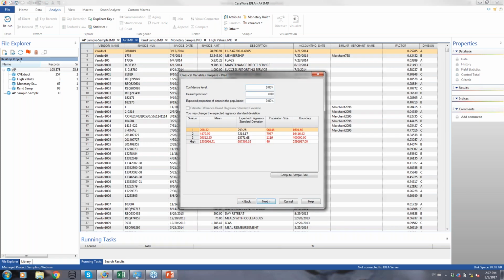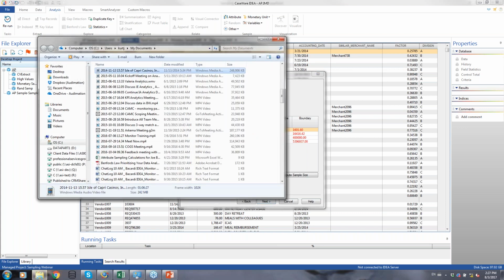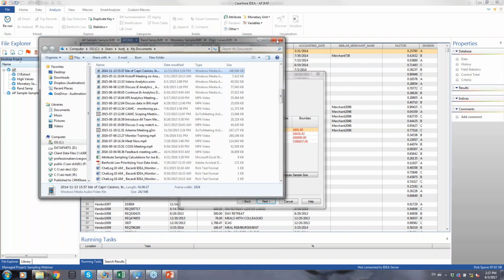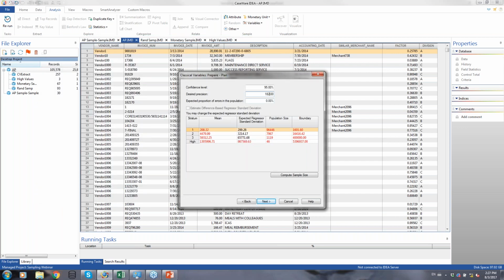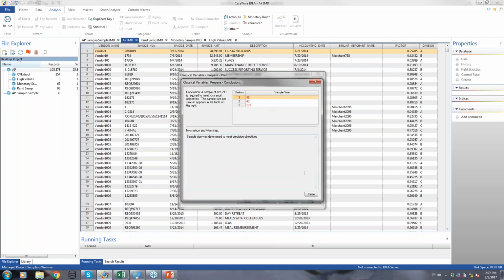We could stratify the sample, again with 95% confidence, and we're going to put in $18,200,000 of error, or 10% of the total amount, and 10% expected.